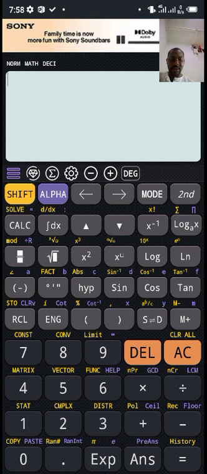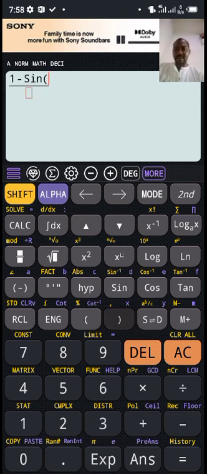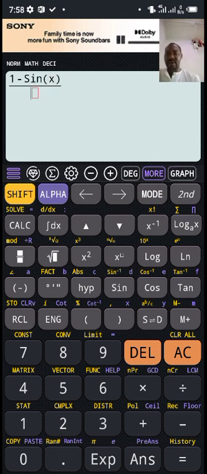The question says 1 minus sine x, all over cos x. So we'll put that fraction: 1 minus sine x, close the bracket, then cos x, and close the bracket. Okay, so this is what I will press, calc.